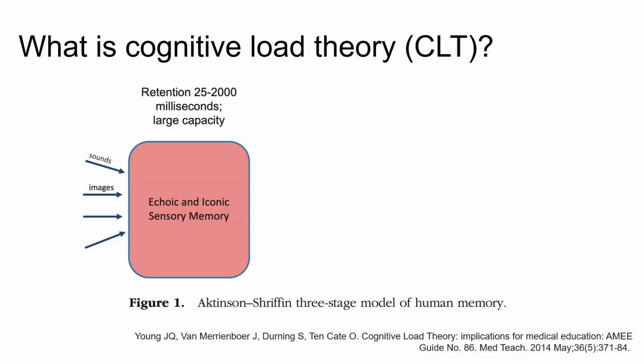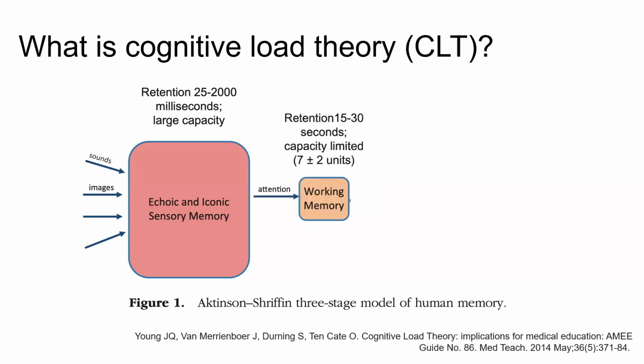The first of these stages is the sensory memory, which is made up predominantly of echoic or auditory and iconic visual sensory information. As we are all constantly being bombarded by a myriad of sensory input, the capacity of this system is incredibly large. However, the retention is incredibly short.